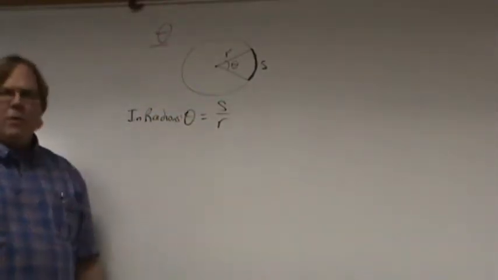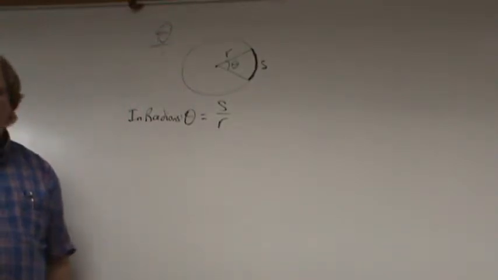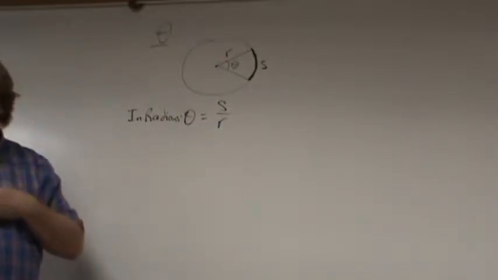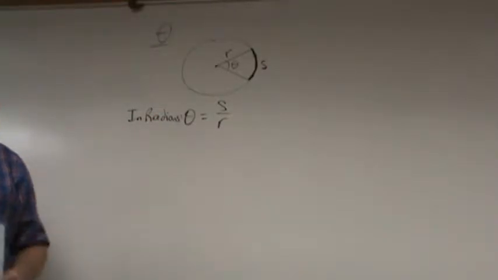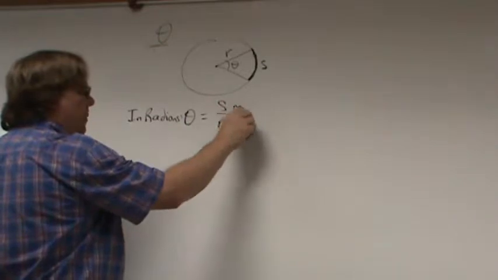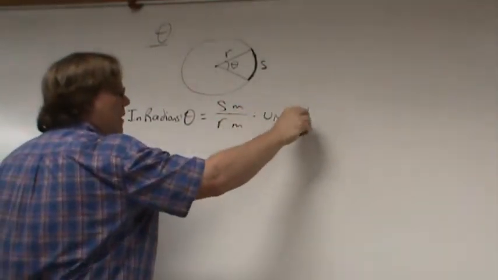You tell me, what are the units of this angle theta? Is it meters or seconds or kilograms? What's the units of the angle theta? Thank you very much. There's no units. It's unitless, because arc length is measured in meters and radius is measured in meters, so it's going to be unitless.